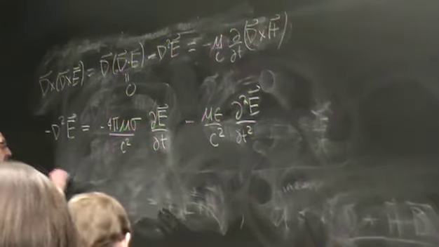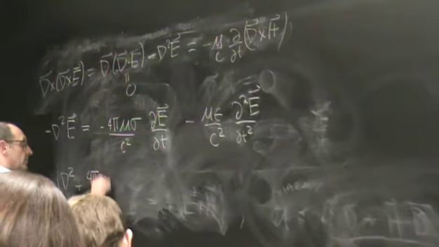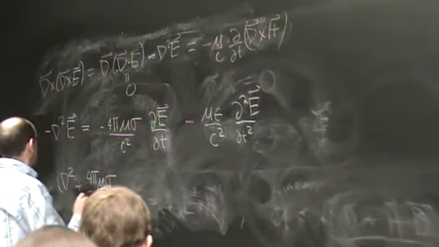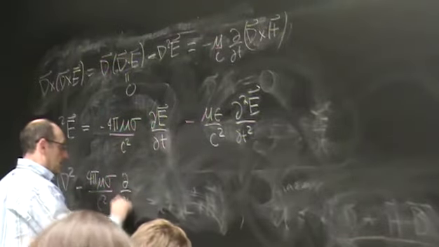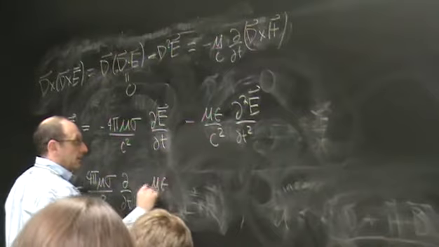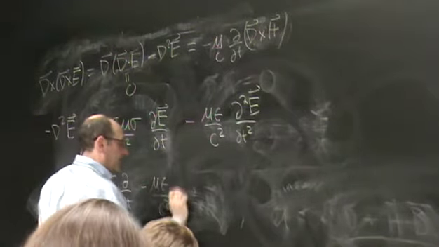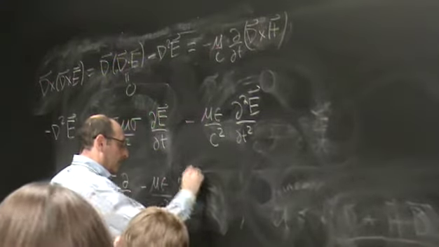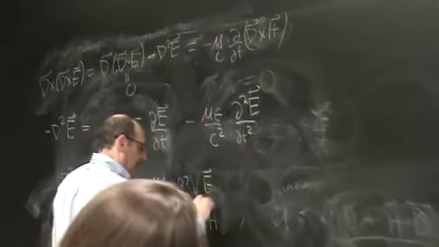So we have del squared plus 4 pi mu sigma over c squared d by dt minus mu epsilon over c squared d squared by dt squared acting on the electric field. And similarly, it would be the same thing for the H field.